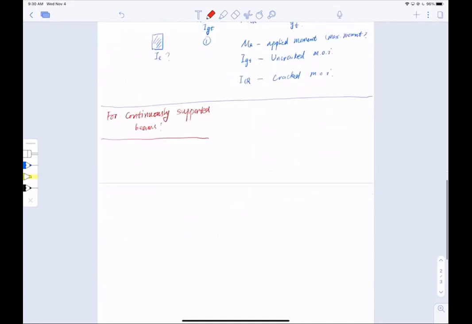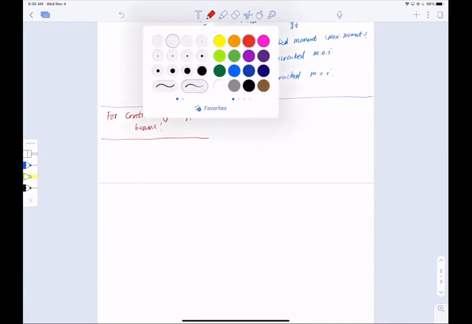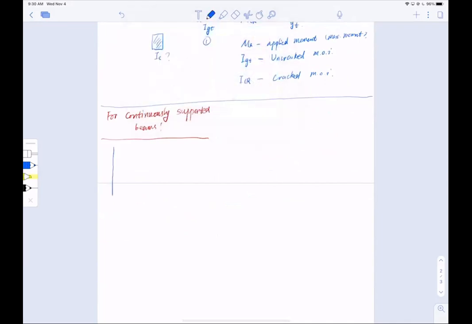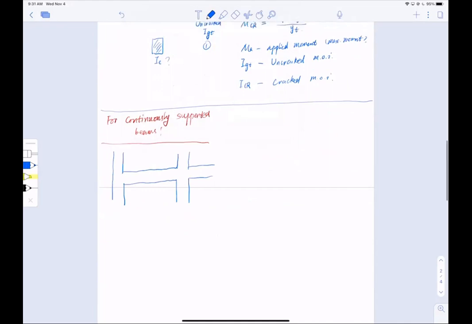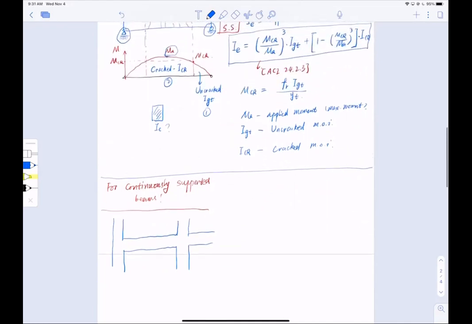How so? Because if I have a continuously supported beam, for example a column here and this is my beam, fully joined here, and suppose my beam extends further than that, the moment diagram is different from the simply supported case.